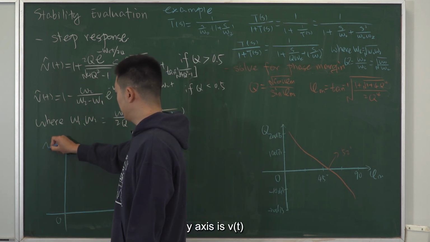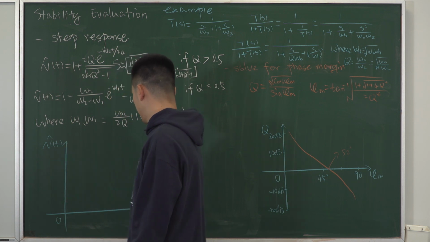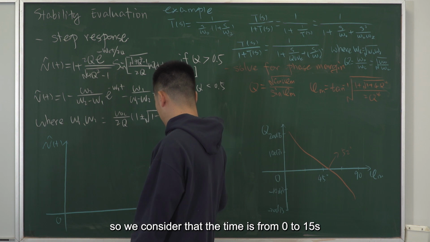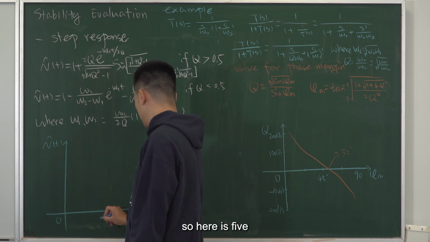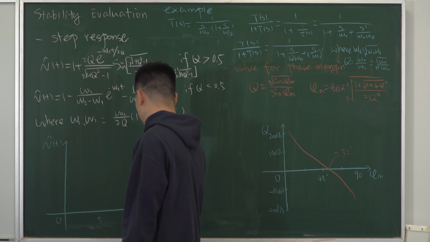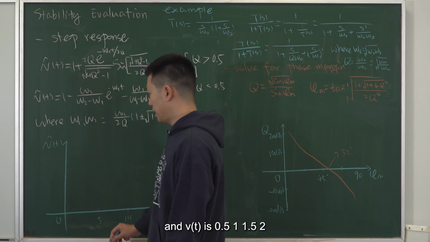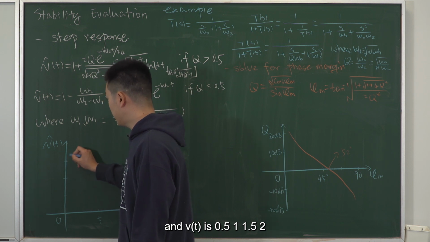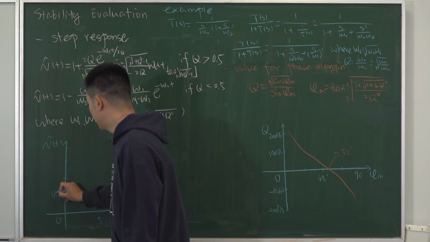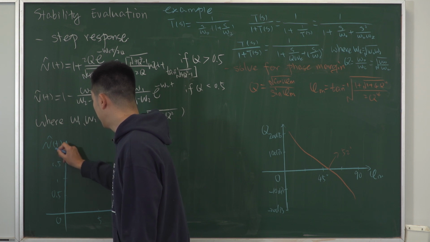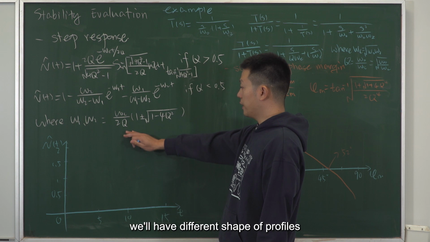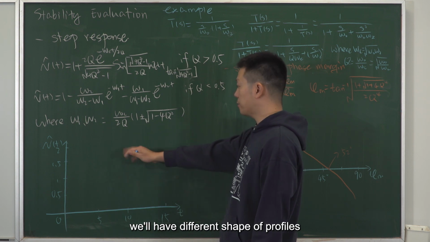Y-axis is step change, V(t). So we consider that the time is from 0 to 15 seconds. So here is 5, 10. And V(t) is 0.5, 1, 1.5, 2. For different values of Q, we'll have different shapes of profiles.